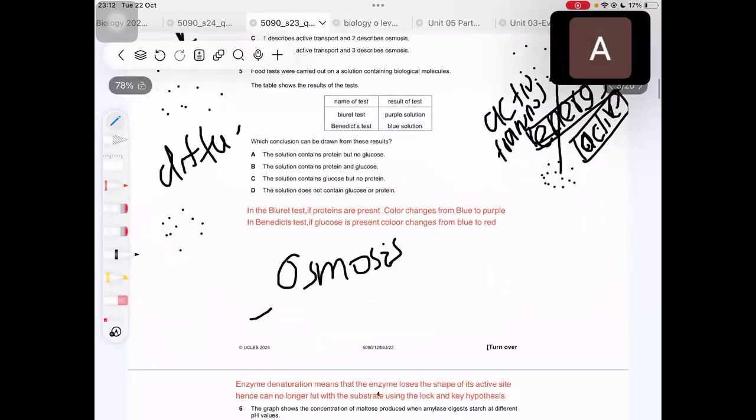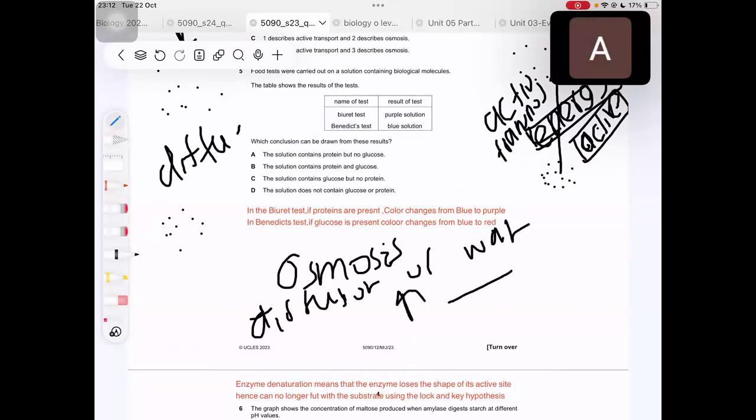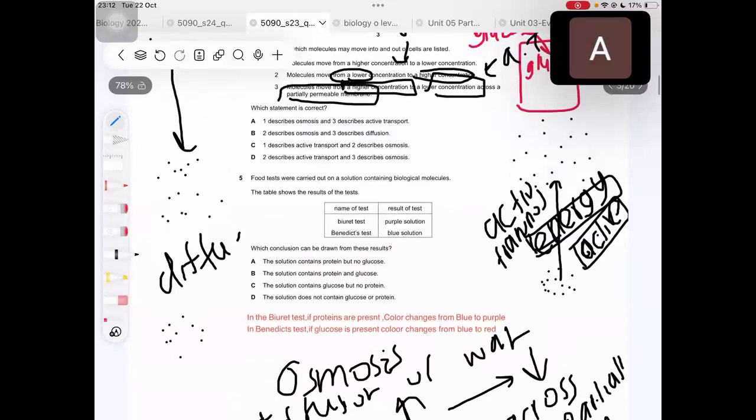Osmosis is the diffusion of water molecules from a region of high concentration again to a region of low concentration, down a concentration gradient across a partially permeable membrane. This statement is really important: across a partially permeable membrane. Osmosis happens only through a partially permeable membrane.